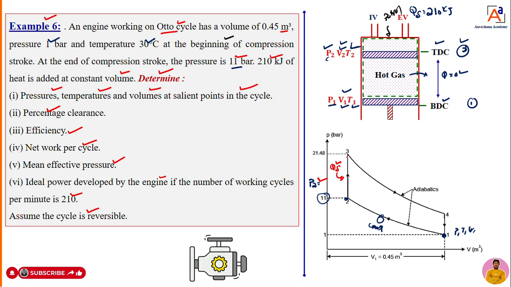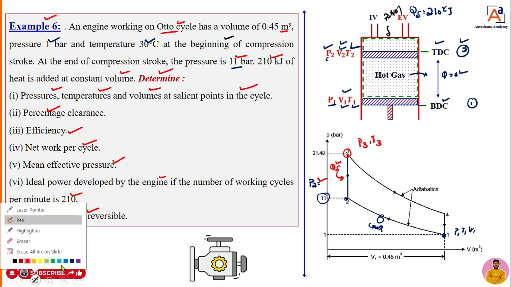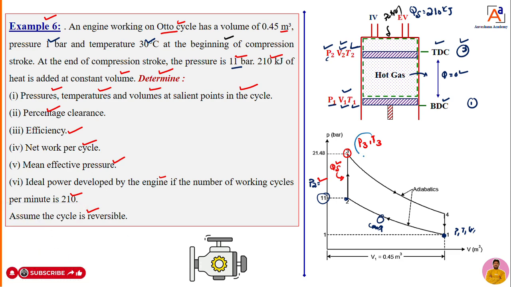Once heat is added, what happens now? Pressure also increases, temperature also increases. That increase in pressure and temperature we can mark as point 3. Pressure at point 3 I can mark as P3, and the temperature at point 3 as T3.